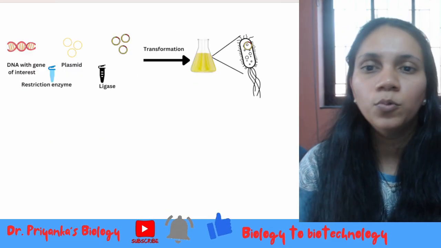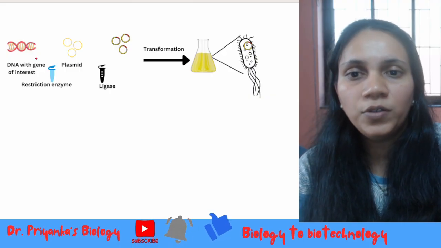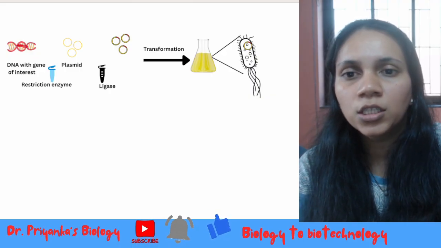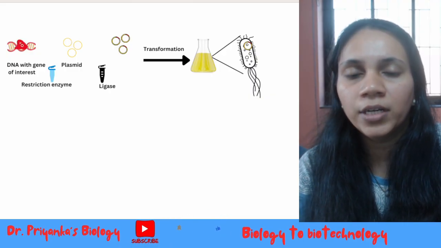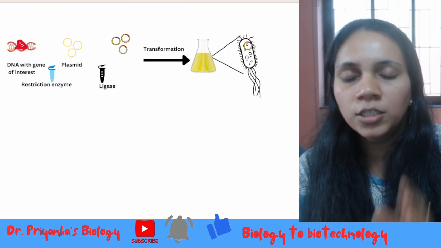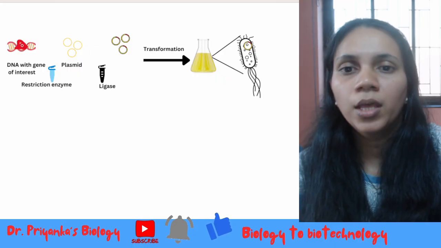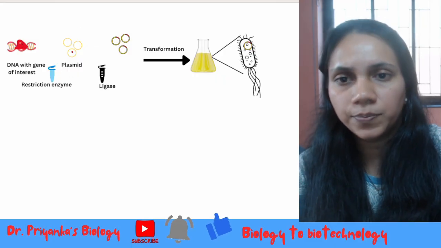Okay, now let's move on to the next slide. Here we have some piece of DNA. Suppose this small section of it is responsible for producing some gene, for expressing some protein or some useful product. And here we have the plasmids.